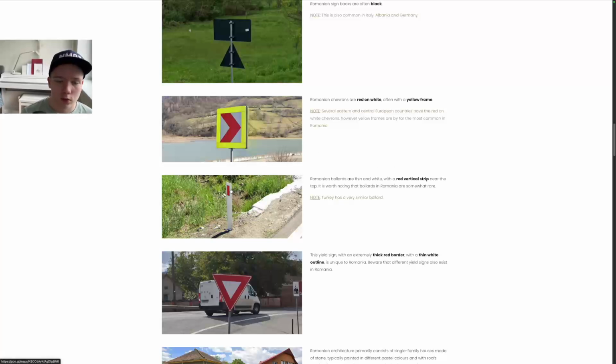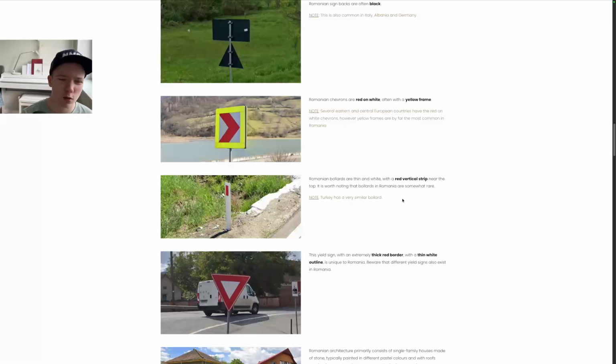In Romania, the bollards look like this. Turkey has a really similar one, Australia, Netherlands, Belgium, and maybe some other countries as well have a really similar bollard. But in Romania, Netherlands, and Belgium, bollards are actually really rare.